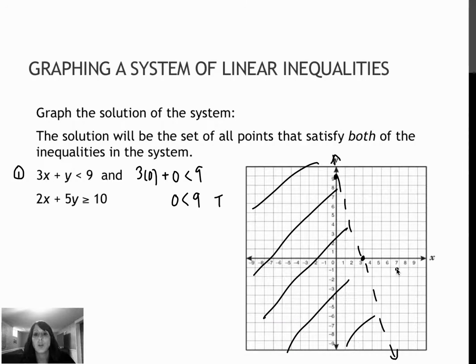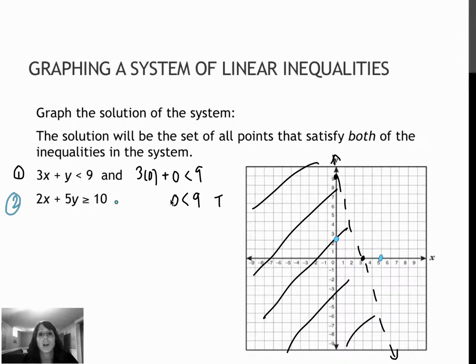Unfortunately, I'm not just graphing that. I'm also graphing my next inequality, which I'm going to find by plugging in 0 for x to get 5y equals 10, so y is 2. Plugging in a 0 for y to get 2x equals 10, so x is 5.